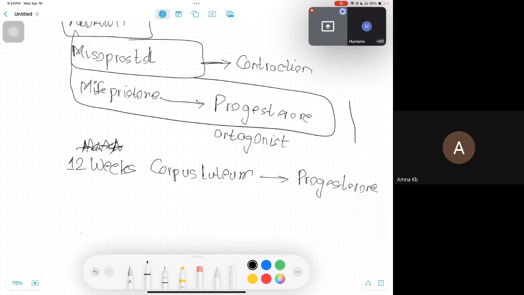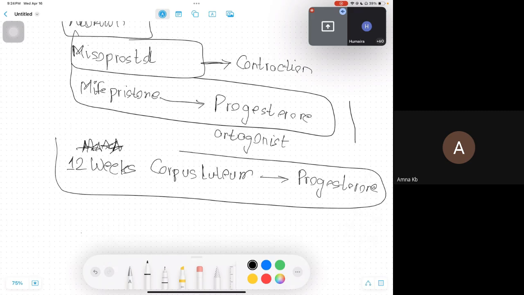So till 12 weeks of pregnancy, you need the corpus luteum. And if it's gone, the pregnancy is gone. So if the patient has ovarian torsion, you need to give some other source of progesterone. So you give artificial progesterone.